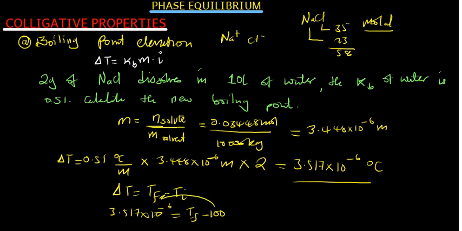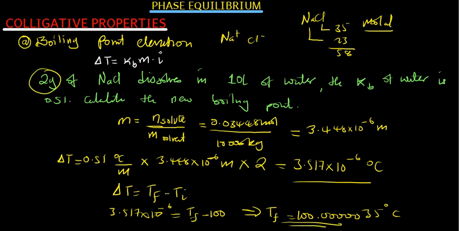So we'll take this value to the other side, and the new boiling point is going to be that value found plus 100. That will be about 100.0000035 degrees Celsius. So really there is no change in boiling point when we add this kind of mass.